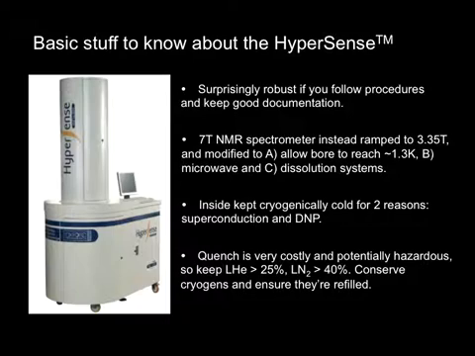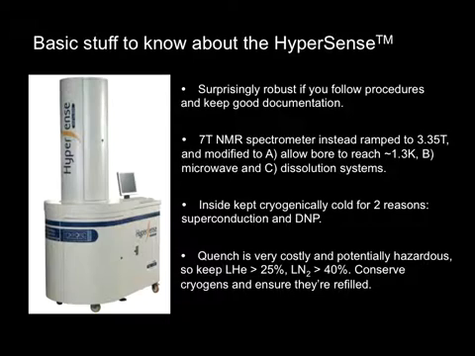You want to keep an eye on, in particular, the cryogen levels. A rule of thumb here is you want to keep the liquid helium level above 25% or so, liquid nitrogen level above 40% or so, and you definitely want to conserve cryogens and ensure that they're being refilled.